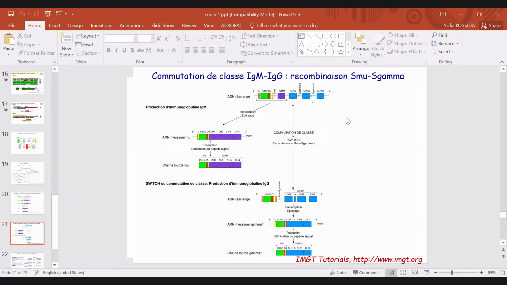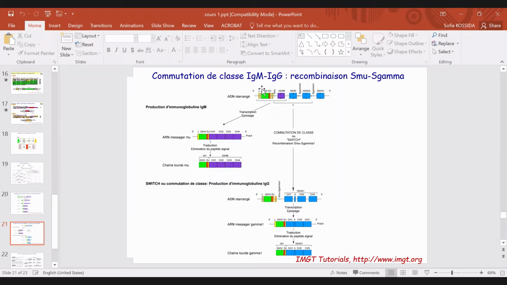So basically, this mechanism will allow us to go from one isotype to another, for instance from IgM heavy chain to IgG heavy chain. And I'll explain it to you. Have a look at this, where I have my cursor, the very first line. This is, from the previous slide, a rearranged DNA.